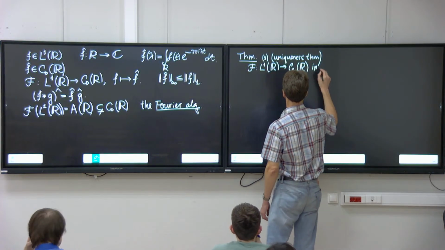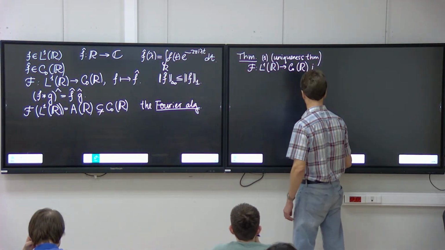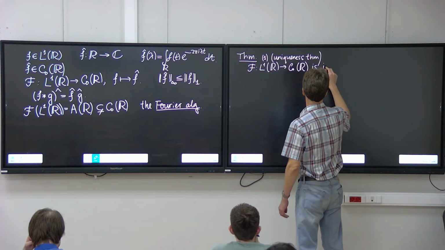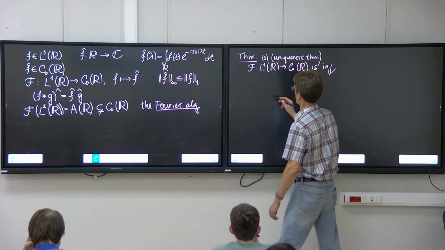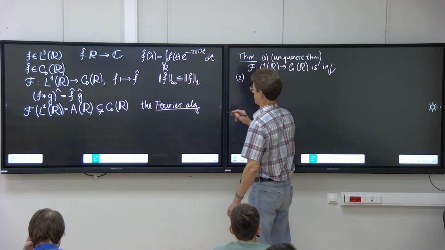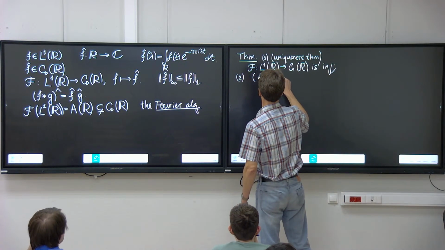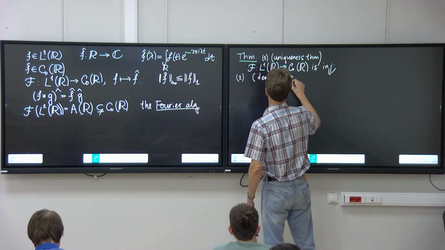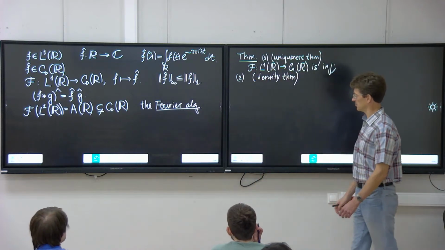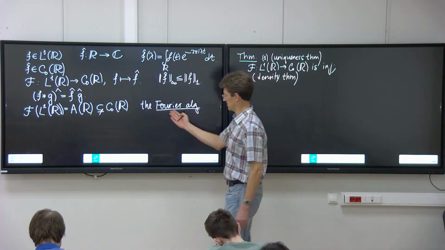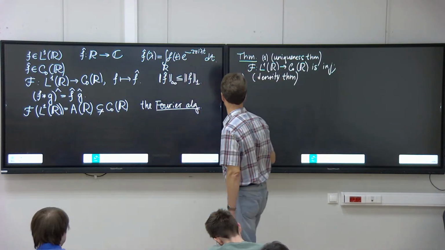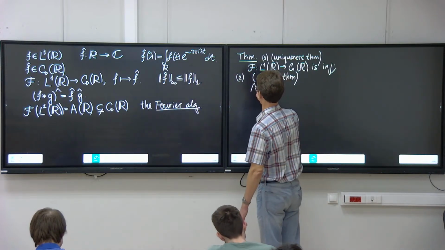Second, we have the density theorem, which states that the range of L1, the image of L1 under the Fourier transform, that is the Fourier algebra in our terminology, is dense in C0 of R.